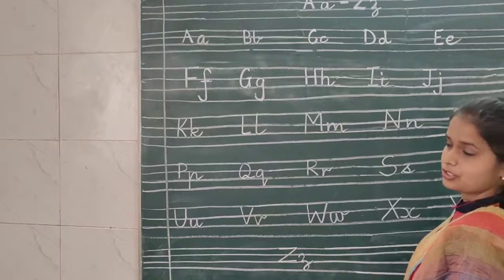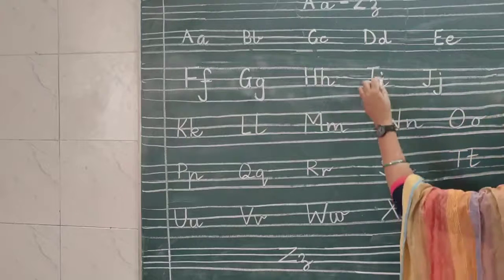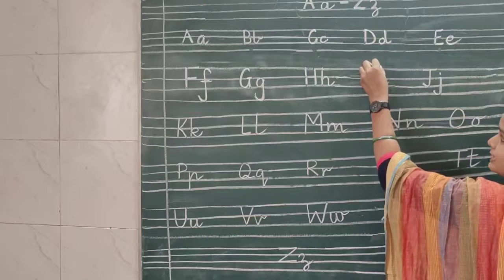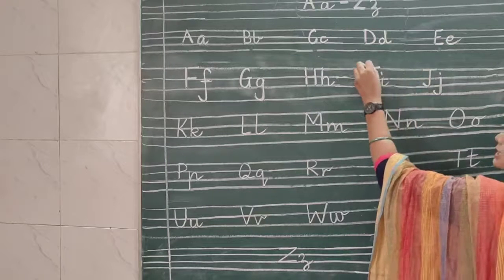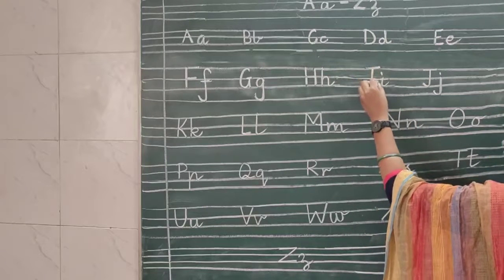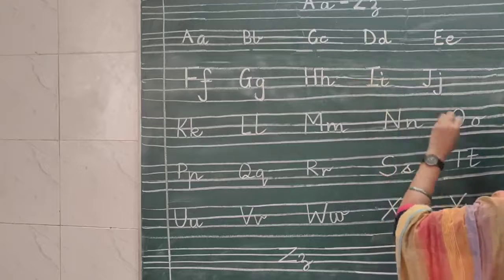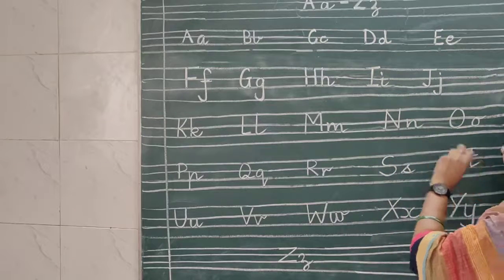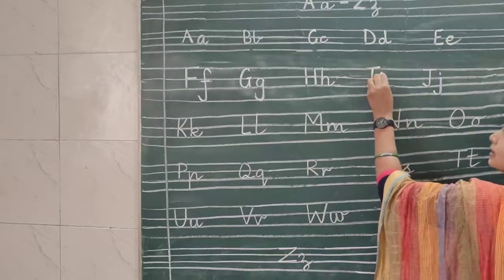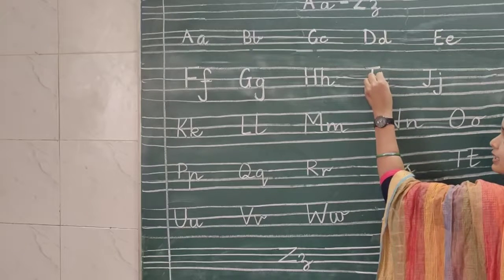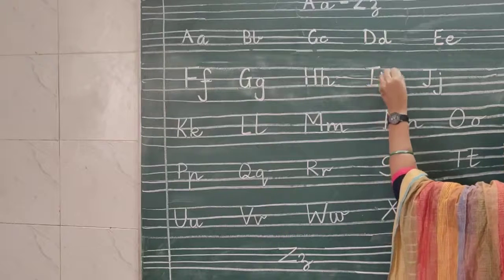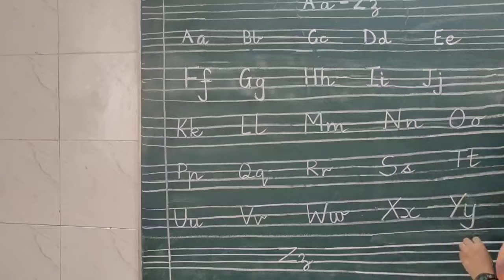This is small h, okay. Then I, you all know how to write I, children. Starting from the first line, a small dash, then a straight line in between and again a small dash here. This is capital I. Now small i will start from the middle line like this, and a small kick and a dot.